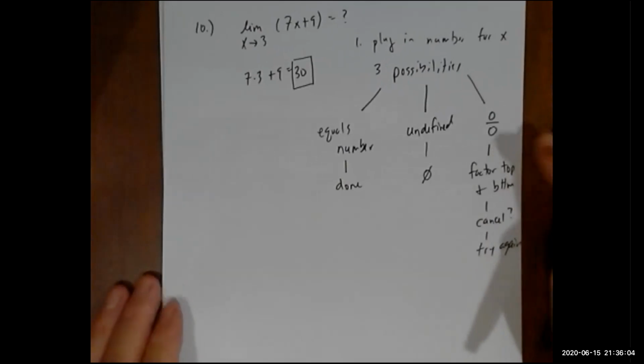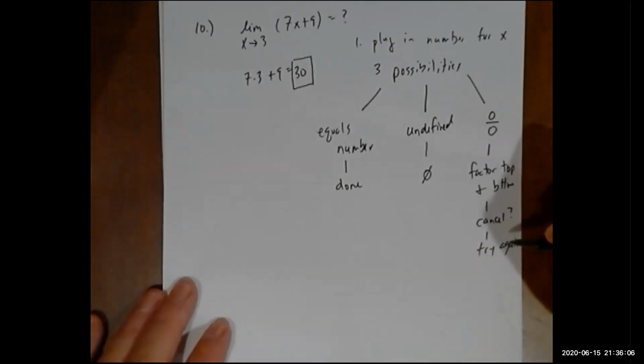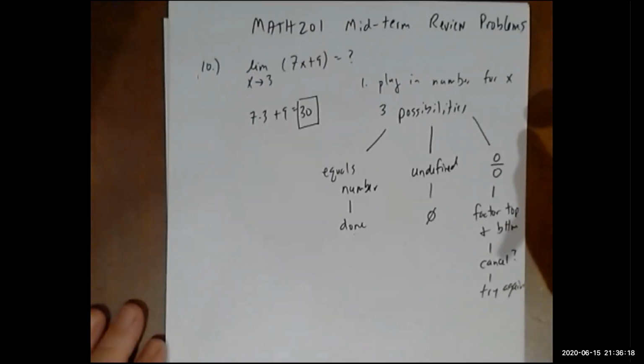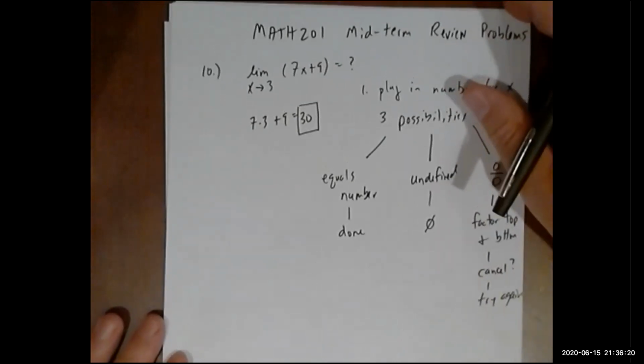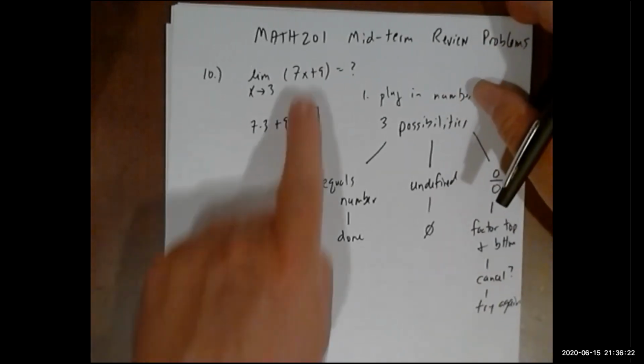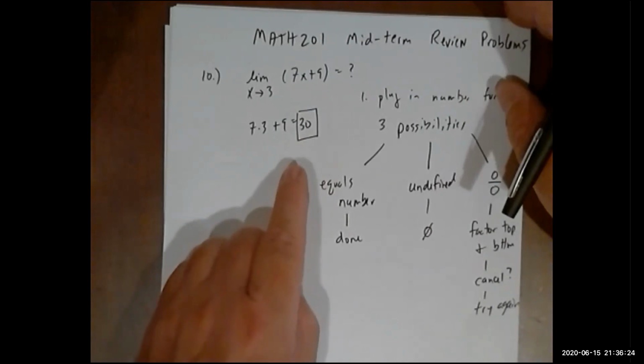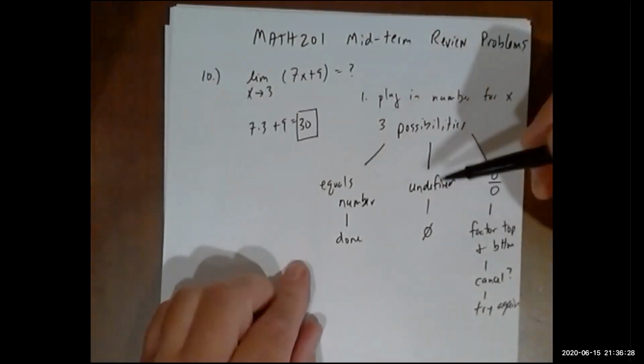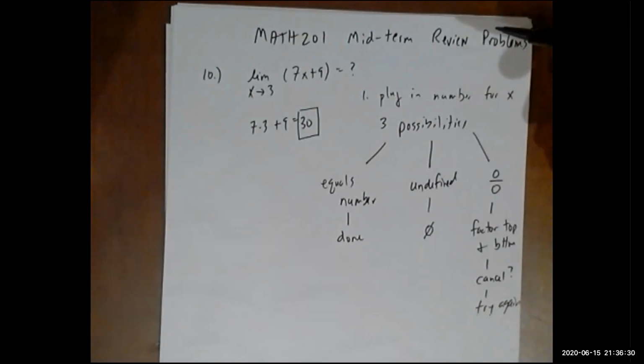And then you try again. By try again, I mean, after you've canceled out, you plug the number in for x and then see if you get an answer. So that's it. When you're trying to take the limit of an expression like this, you plug in the number for x. These are your three possibilities, and then you're good to go.